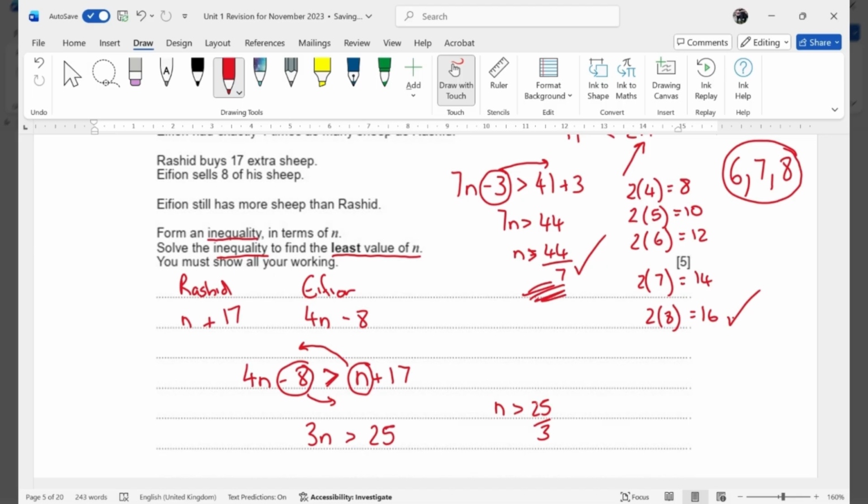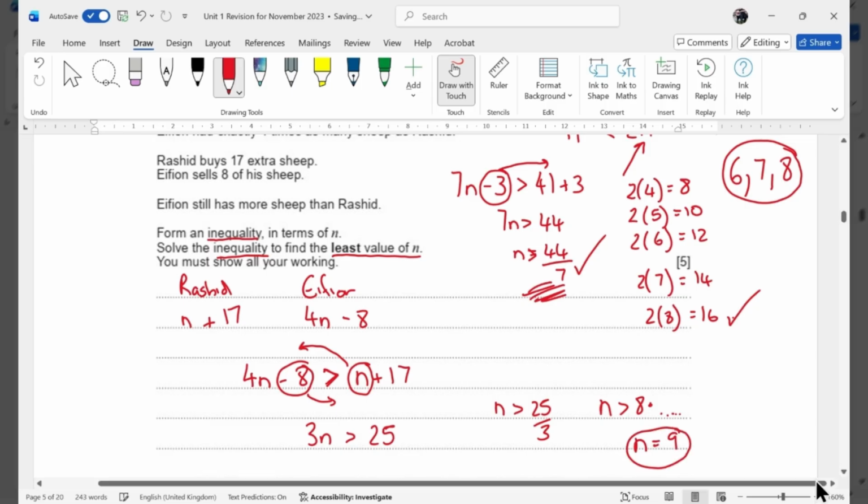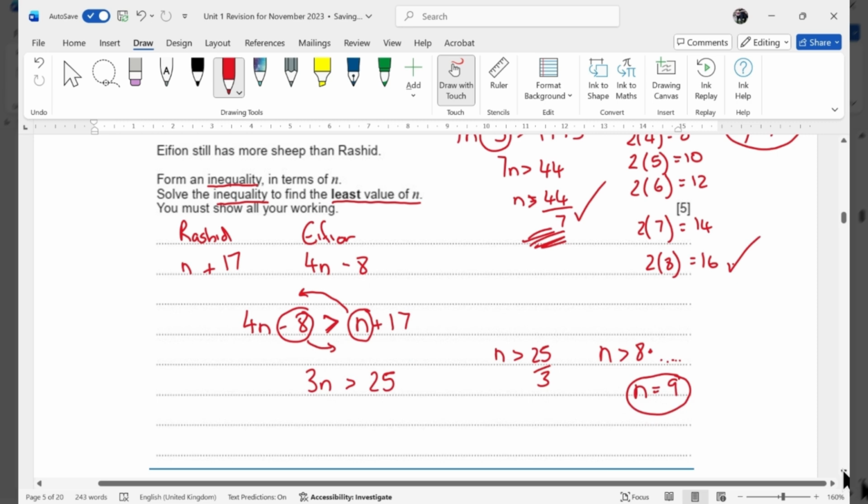Well, n could be anything bigger than that. But what is that? It's like 8 and a bit. So if n is bigger than 8 point whatever that is, then the lowest n can be is 9. Okay?